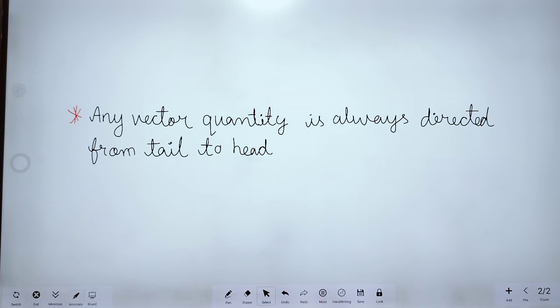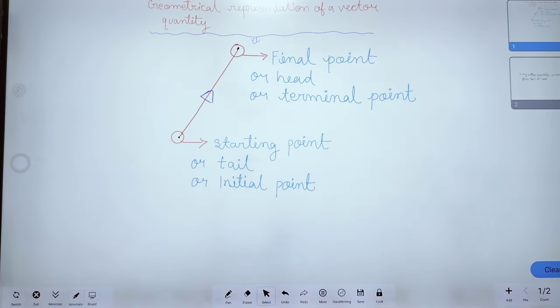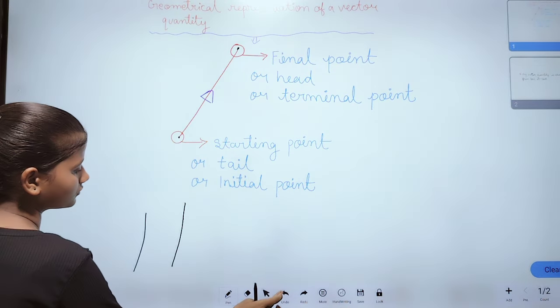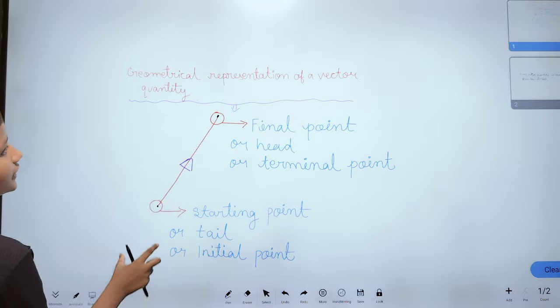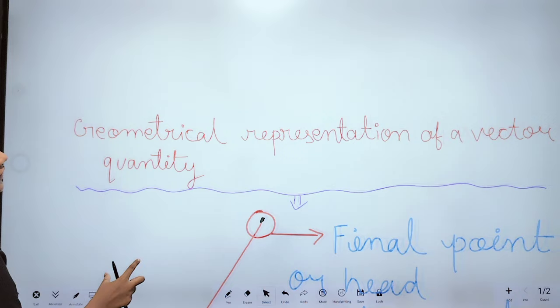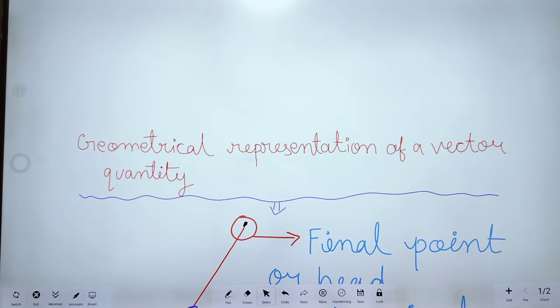Okay, so I hope you understand the geometrical representation of a vector quantity.